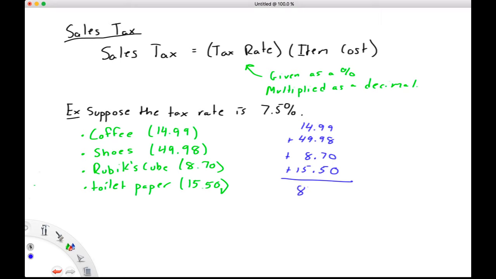You guys getting the same thing? $89.17.